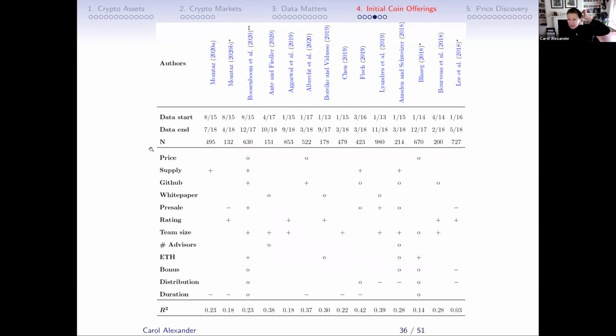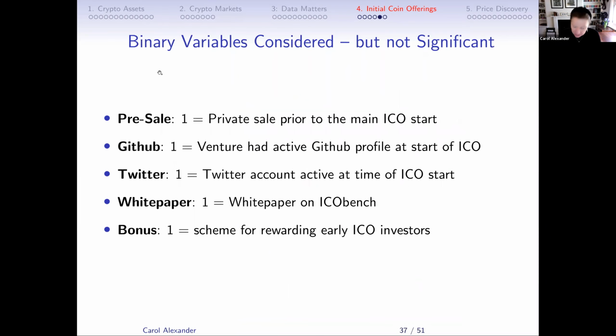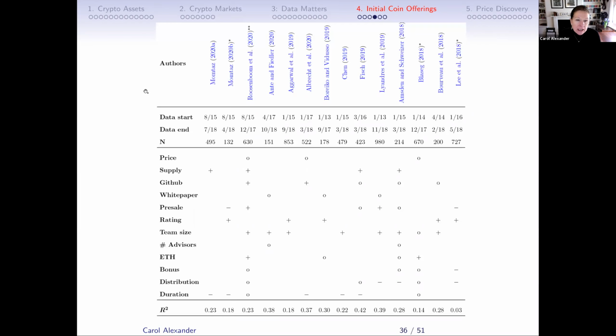And this is just an overview of some of the previous literature, those that are published in the better journals, because, as I said, there are more than 100 papers, a lot of them unpublished, on SSRN, and so forth, or the archive. I forget what the double asterisk is, I remember now.